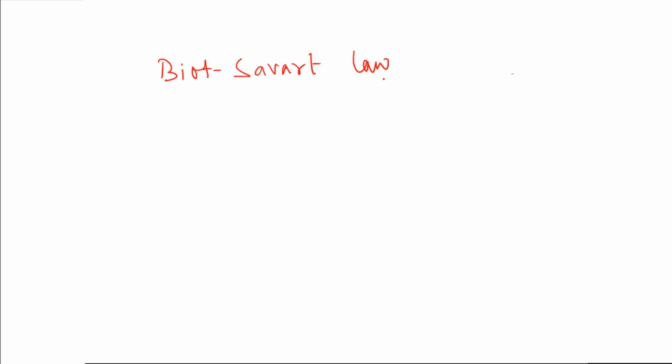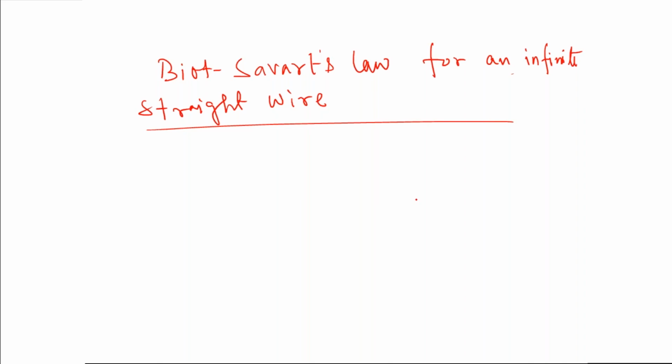So the Biot-Savart law for an infinitely long straight wire, even finite is fine here. Today we will discuss this first as a theory, then we will apply it. This is our first topic to discuss.